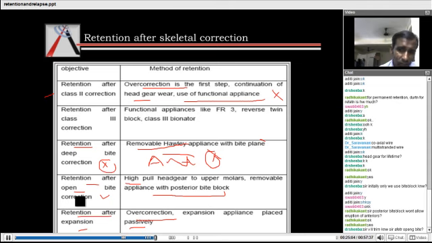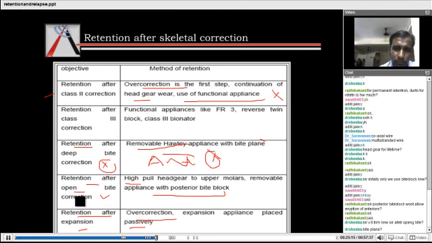No, see, that is different. Your trimming and all is different. You are trying to intrude the posteriors, which means you have to keep loading those posteriors, and they will intrude. And you allow the anterior to extrude.